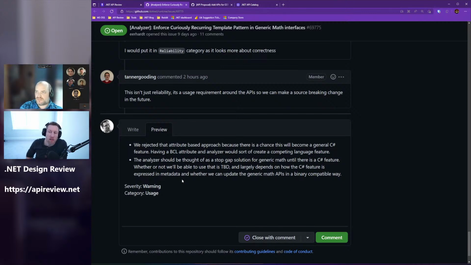To me, reliability would mean code compiles, but at runtime bad things will happen, like a race condition, or you accidentally free memory and then use it later. That wouldn't be this. This would just be, if you want your APIs to be usable, then please follow this.